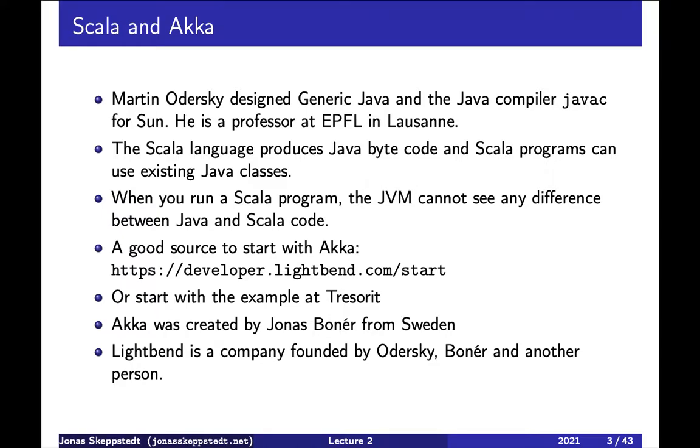The akka library was created by Jonas Bonér from Sweden, and one other person, and their headquarters is in San Francisco. To start working with akka, you can go to this web page, or you can just use the source code for the lab that you can find on Tresorit.